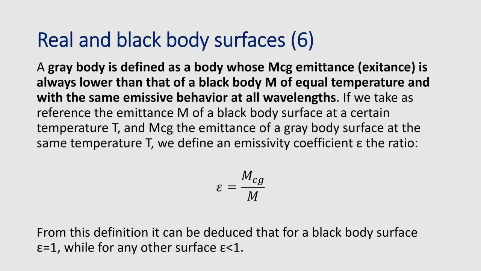So epsilon is a coefficient ranging between 0 and 1, and it is 1 only for the black body, and less than 1 for any other real body.